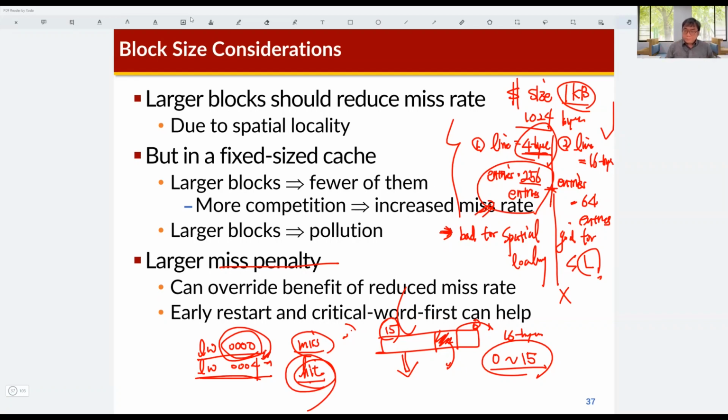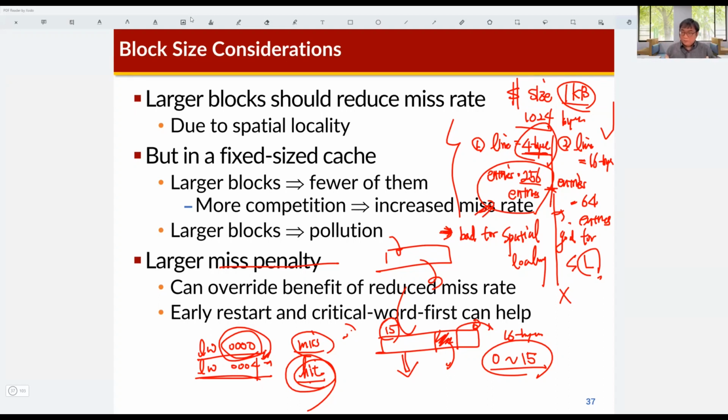But this cache has only 64 entries, so 64 large blocks. And then if a miss happens, this block should be replaced. So this cache has only 64 rooms, which means the entries are polluted by frequent miss requests.